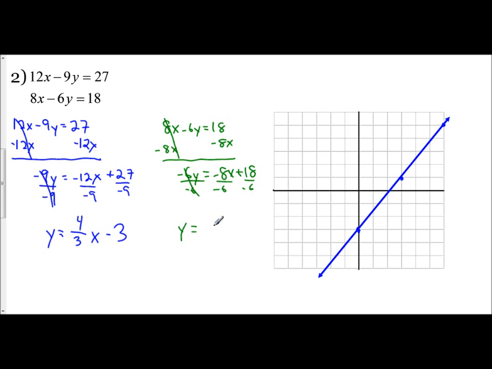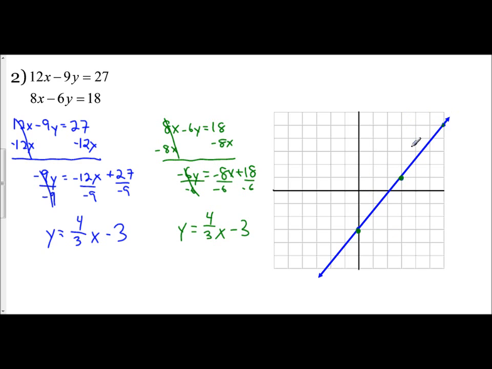And then simplify. Negative 8 over negative 6, so negative is a positive, and that simplifies into 4/3. So I have 4/3 x. 18 divided by negative 6 is a negative 3. So you have a y-intercept of negative 3 and a slope of 4/3. So you go up 4 to the right 3, up 4 to the right 3.